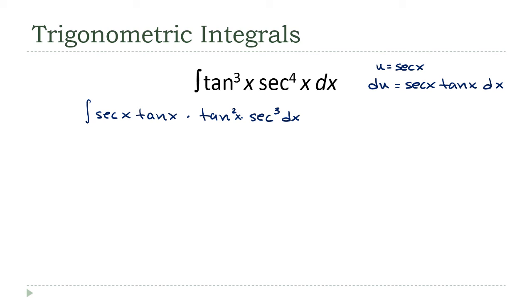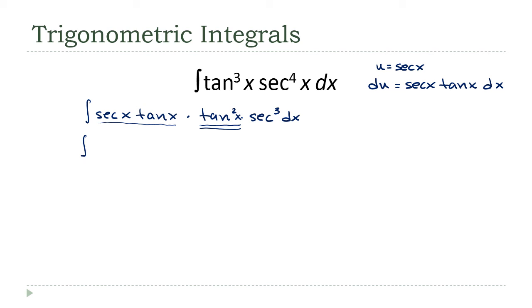Now at this point, I've committed. I need to get all the other tangents out of there, other than the one that's going into my du, so that all I have are secants. So how am I going to do that? I'm going to use the Pythagorean identity here.